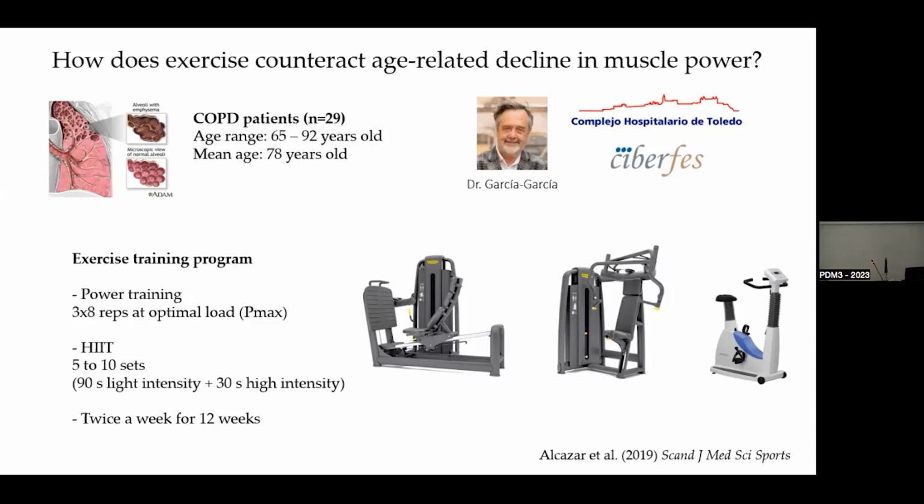Both were performed in a power-oriented way, so each repetition was performed as fast as possible. Only 3 sets of 8 repetitions with the optimal load, that we will see what it is. But there was also a second part with high-intensity interval training performed on a cycle ergometer. Twice a week for 12 weeks.